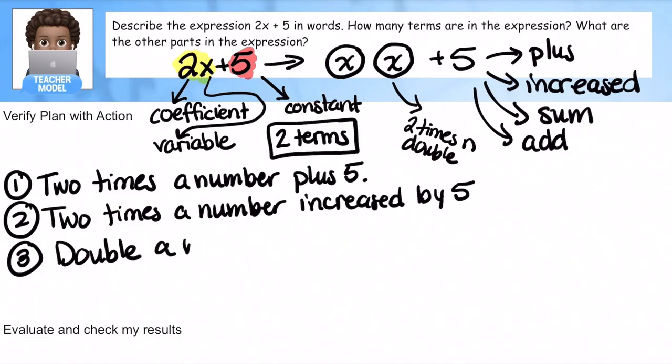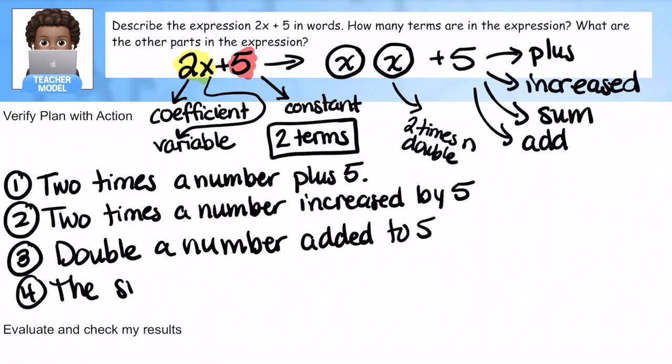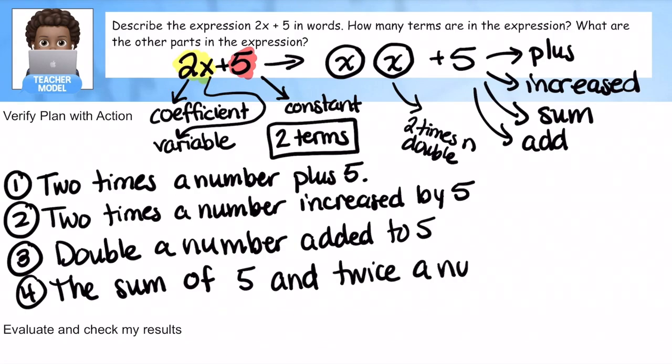Double a number added to 5. Ooh, how about this one? The sum of 5 and twice a number. So you get the idea.